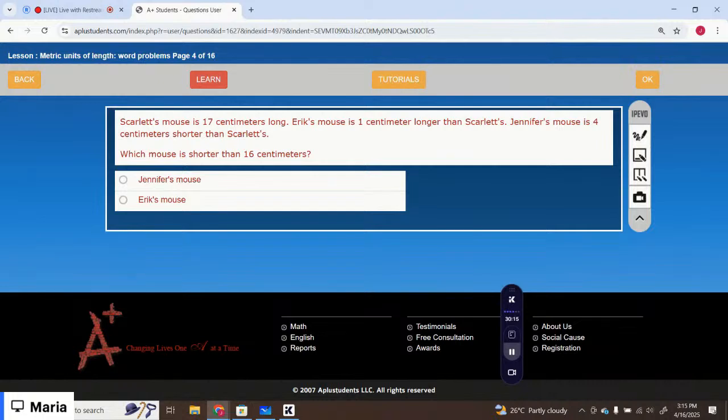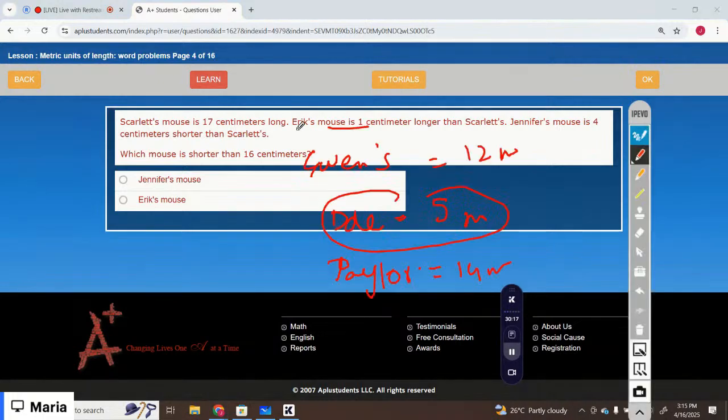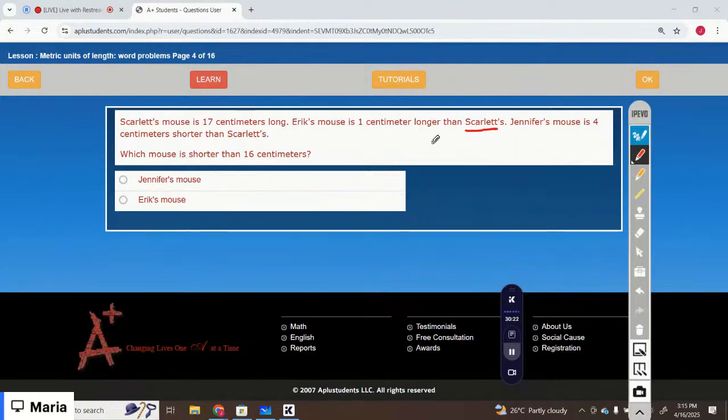Scarlett's mouse is 17 centimeters long. Eric's mouse is 1 centimeter longer than Scarlett's. So Scarlett's mouse is 17 centimeters.